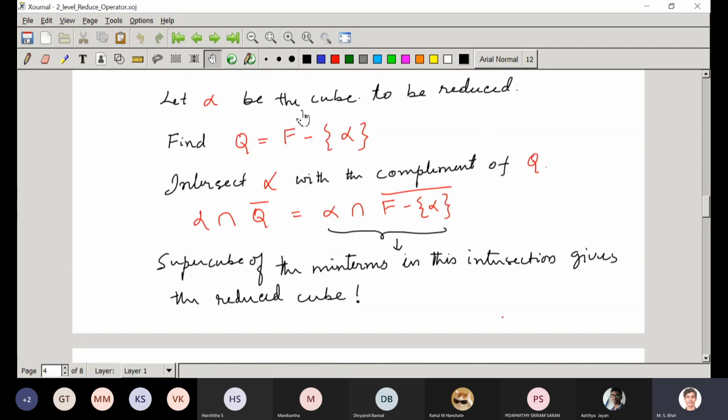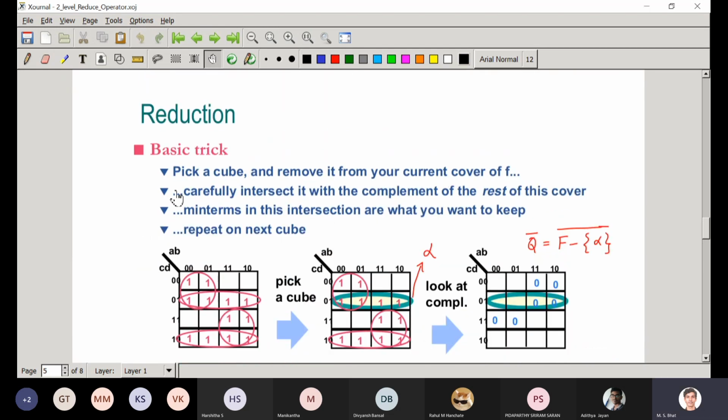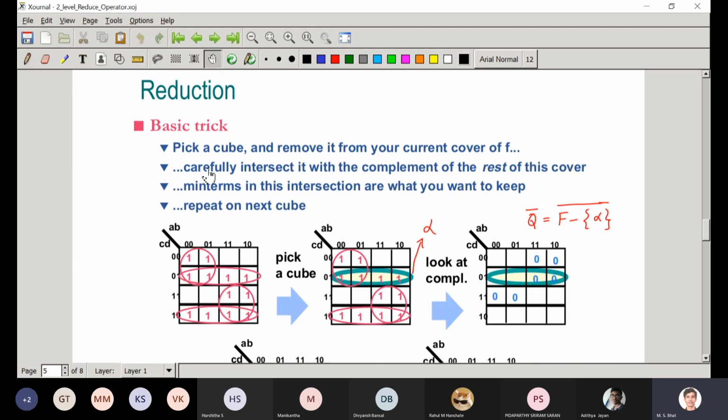So let alpha be the cube to be reduced. Find Q equal to F minus alpha. Intersect alpha with the complement of Q. Alpha intersection Q bar gives you this, which is the reduced alpha. The supercube of the minterms in this intersection gives you the reduced cube. The same thing, just as an illustration: you have picked alpha to reduce.